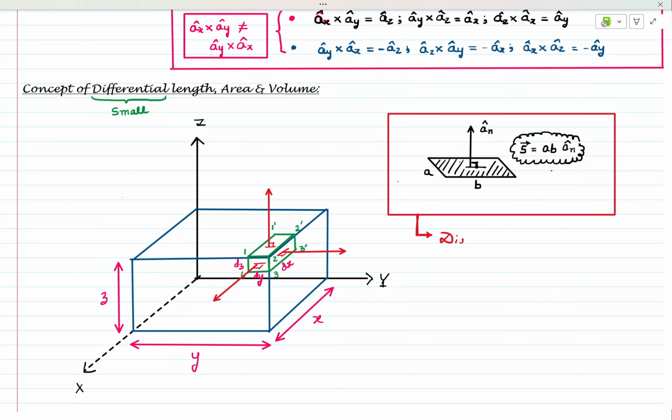The direction of the area vector, direction means in this case, this is the a_n of the area vector is outwards, perpendicularly. With respect to what? With respect to the area plane.